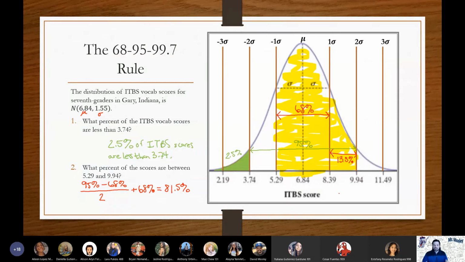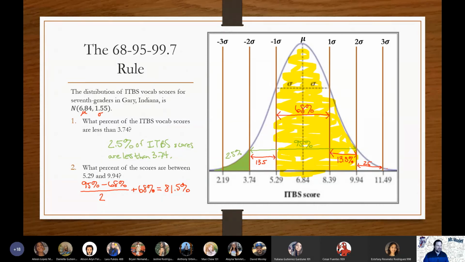If we wanted to, we could create a labeled graph that tells me the percentage between each deviation. We could build this up. We have 13.5, 2.5, 2.5. From here over is that other 0.15.